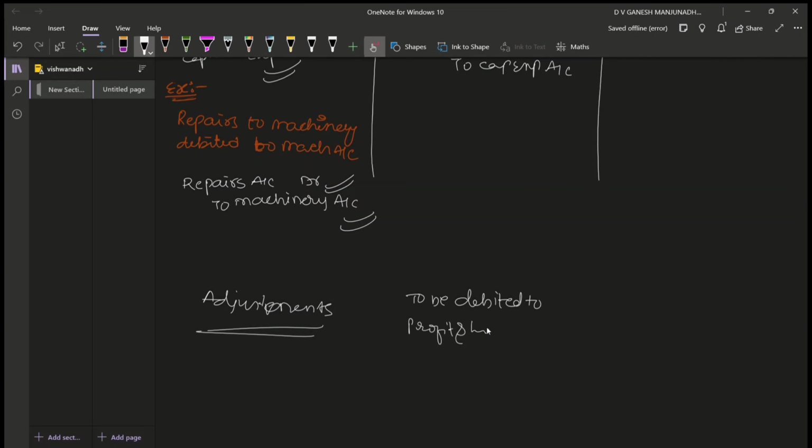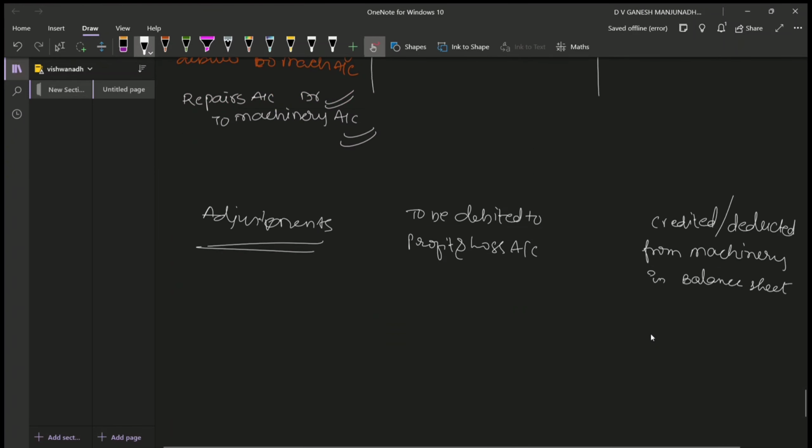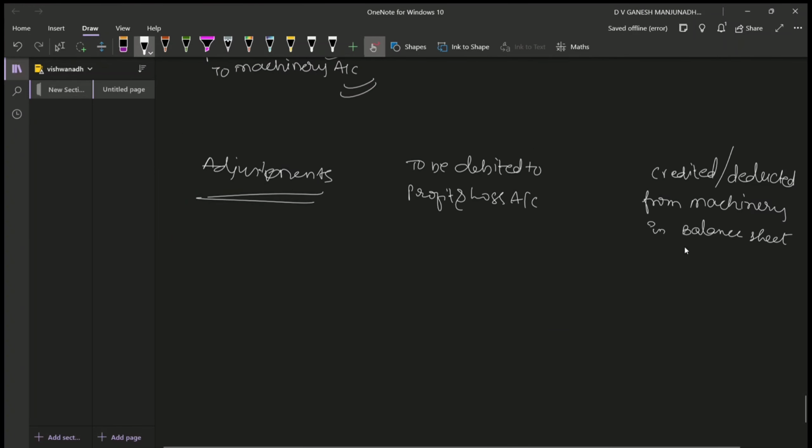It is to be debited to profit and loss account, and credited or deducted from machinery in balance sheet. Credited means it is shown as a deduction in the balance sheet.